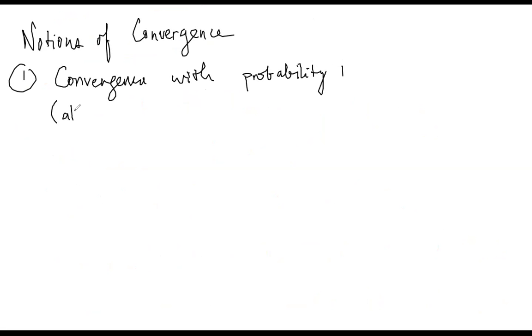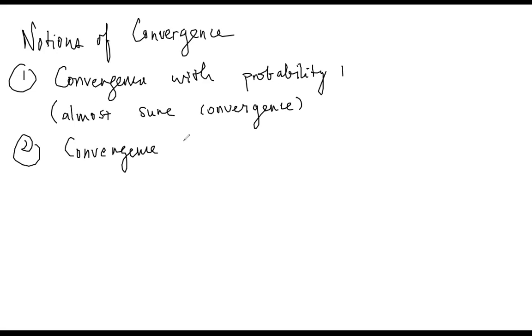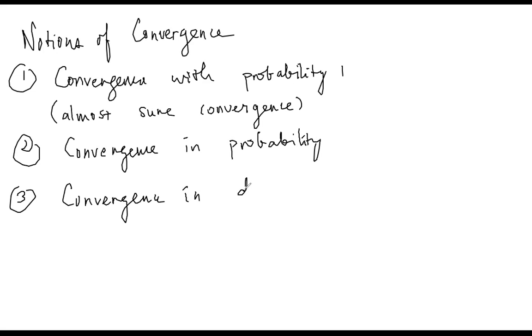Or sometimes this is called almost sure convergence. Number 2, you have convergence in probability. Number 3, you have convergence in distribution.